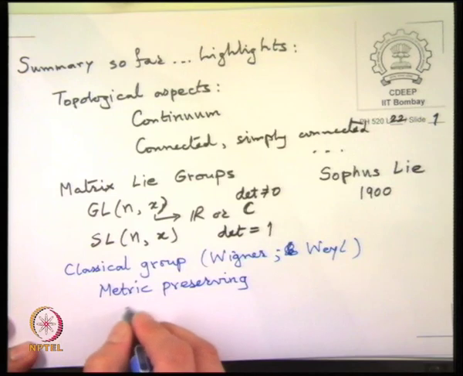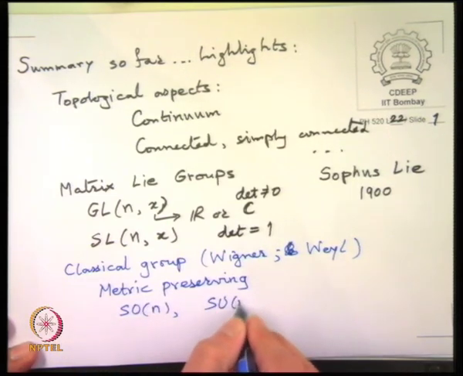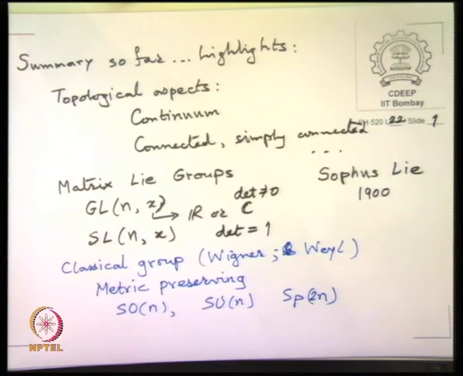Which contain things like SO(N) and SU(N) and Sp(N), symplectic, Sp(2N) typically. So this was our notation. So there are metrics in each of the cases and they are preserved by these groups.